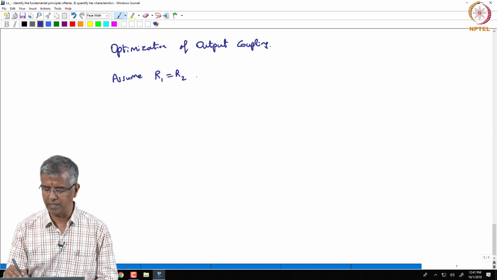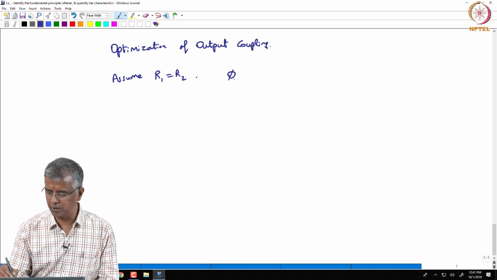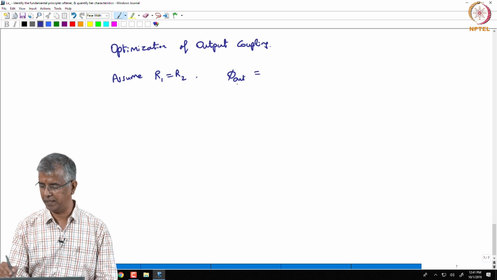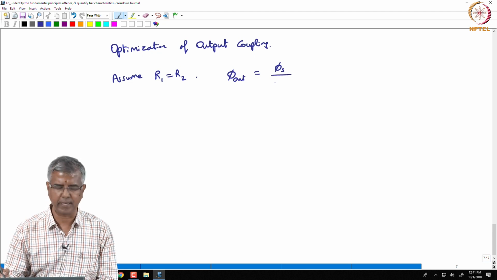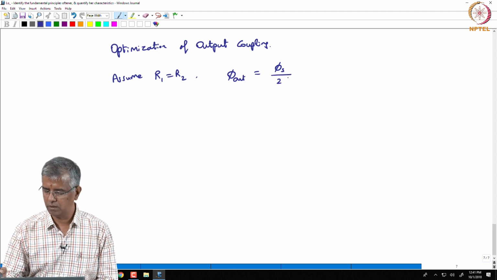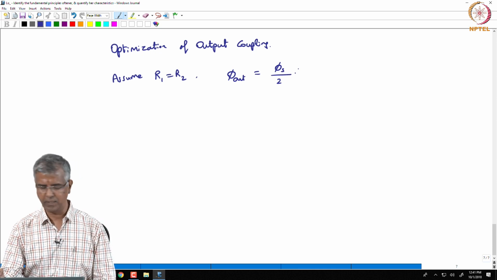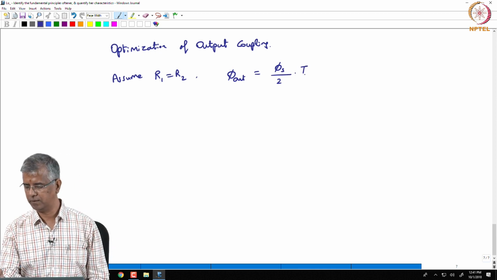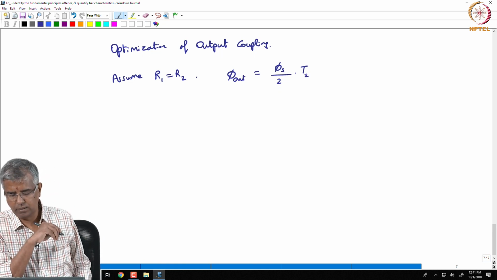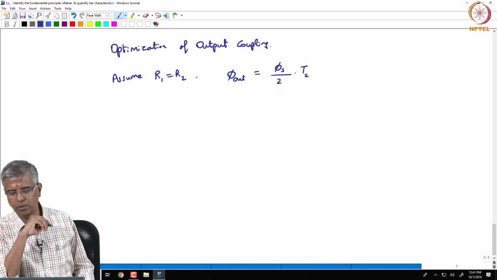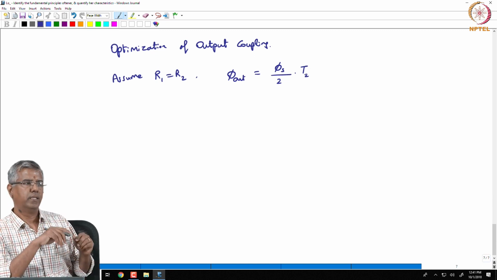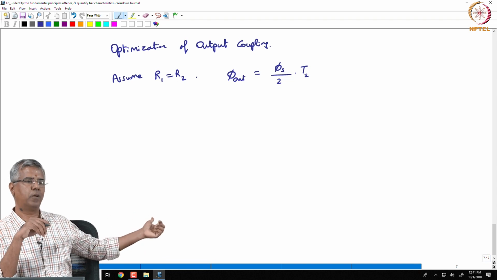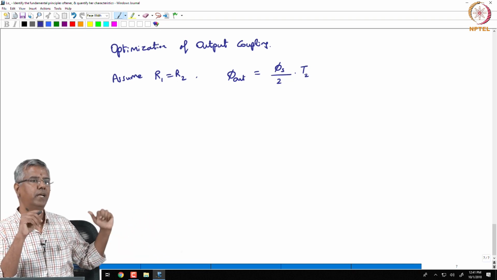But if you assume R1 equal to R2, then the photon flux that you are getting out corresponds to the photon flux that you have built up in the cavity divided by 2, multiplied by T, let us say T2 in this case. If you are looking at the light out of mirror 2, I said divide by 2 because there is a similar extraction happening from mirror 1 also.